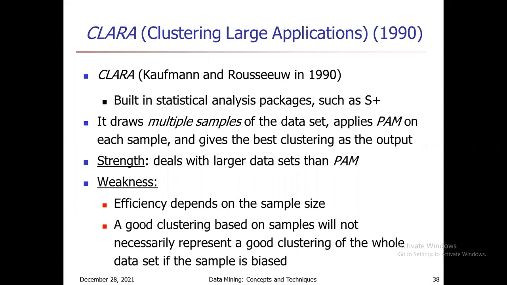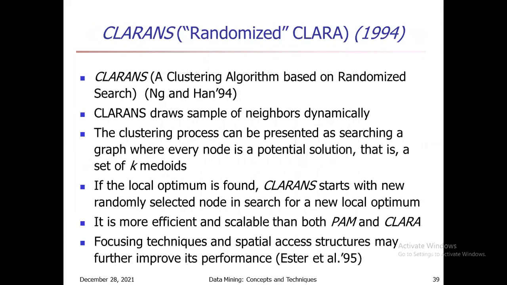The strength is that it deals with larger data sets than PAM. The disadvantage is that efficiency depends on the sample size, and a good clustering based on a sample will not necessarily represent a good clustering of the whole data set if the sample is biased.